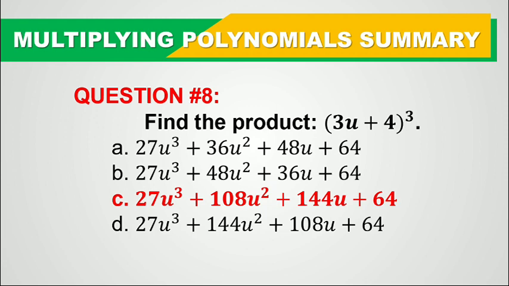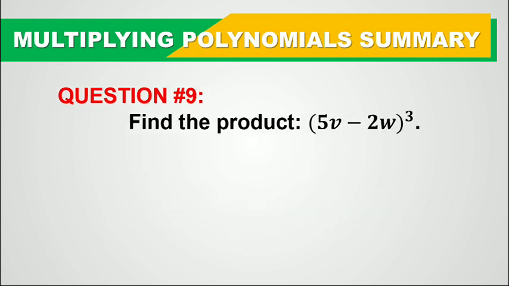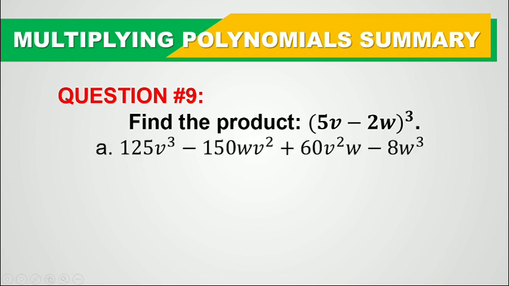Now let's proceed to question number 9. Let's find the product of this one: quantity 5v minus 2w cubed. This is similar to what we just solved a while ago, question number 8, but the difference is that this is subtraction. So what's going to be your answer? Is it letter A, 125v cubed minus 150w squared plus 60v squared w minus 8w cubed?